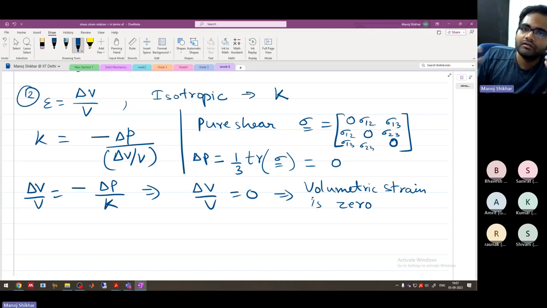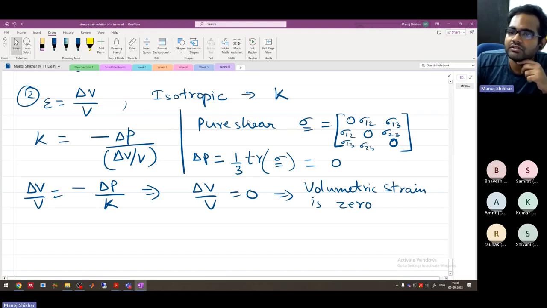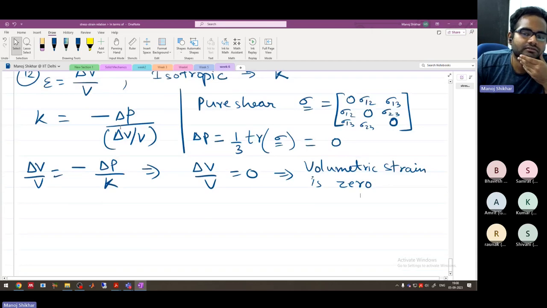The deviatoric part was changing the shape of the body. So pure shear is like the deviatoric part of the stress tensor. So it will not change the volume. Hence, the volumetric strain will be 0. I could have said that directly, but I wanted to show you how to calculate it.